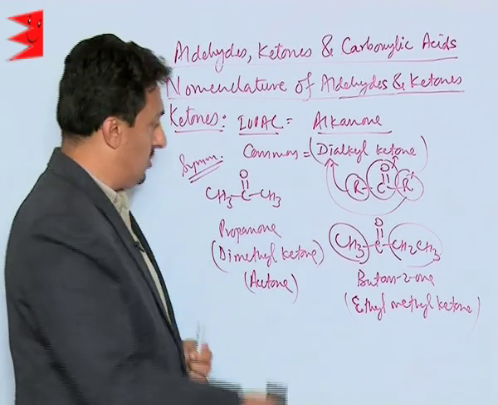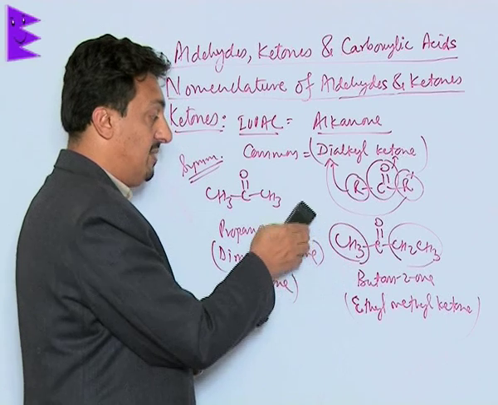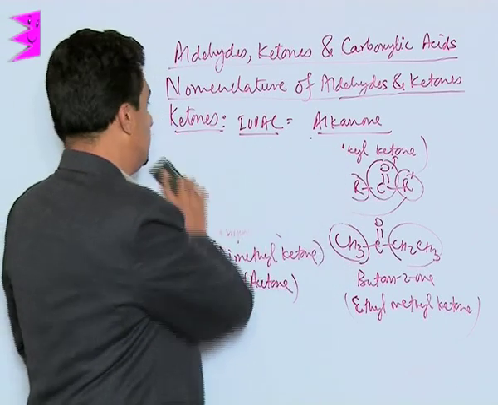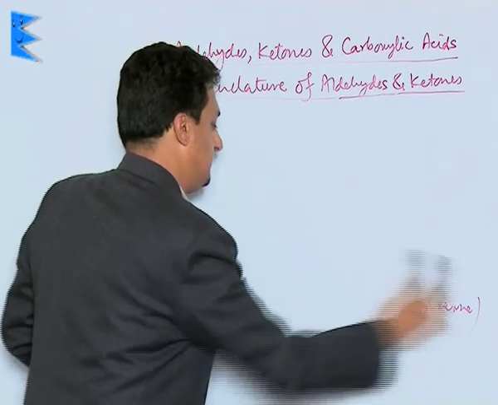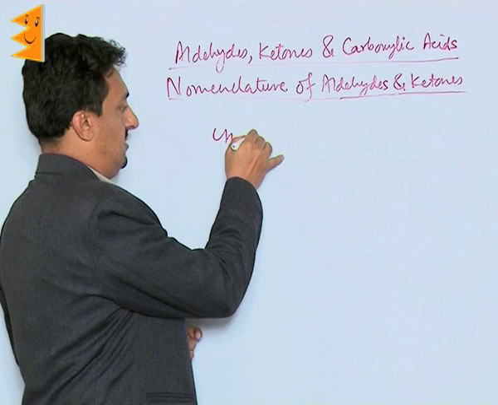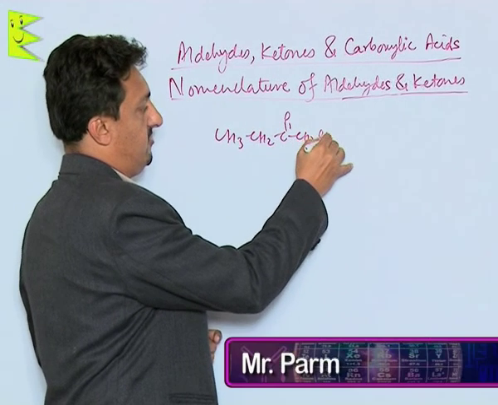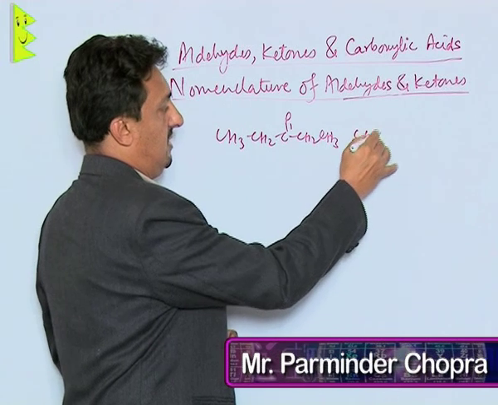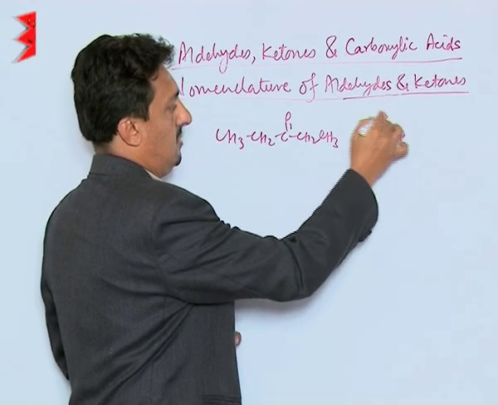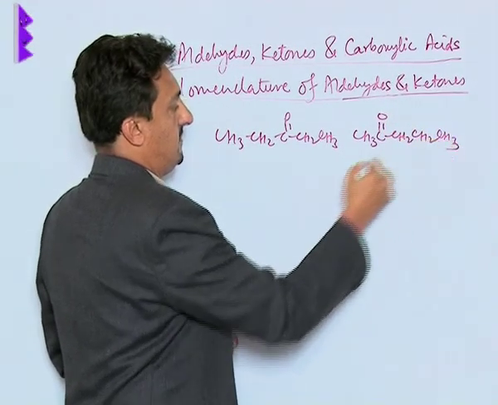Let us see now more different examples, and this will be the category of a ketone which will be unsymmetrical. This will be symmetrical, this will be unsymmetrical. Let us see the other examples. Like we can have CH2, C double bond O, CH2, CH3, and we can have C double bond O, CH2, CH2, CH3.